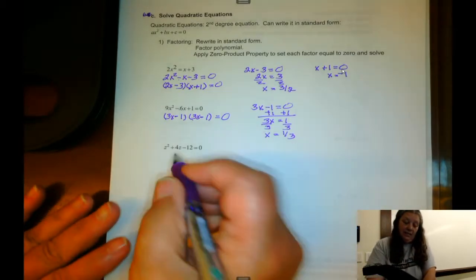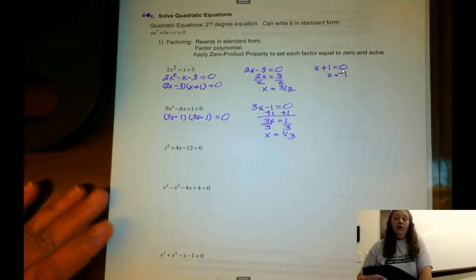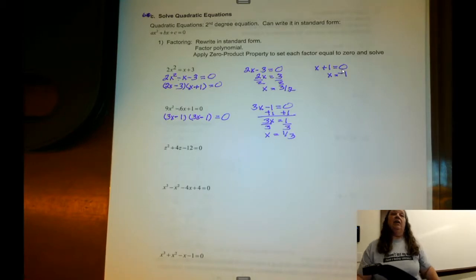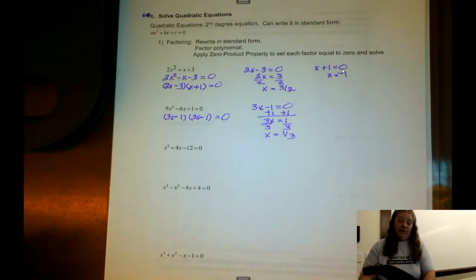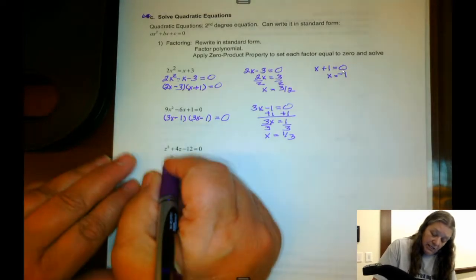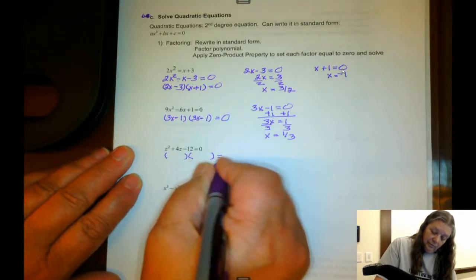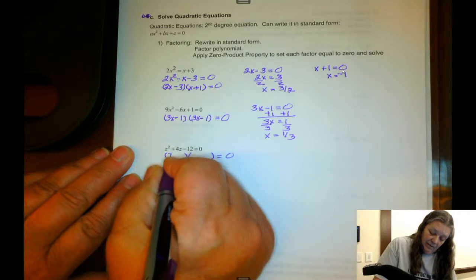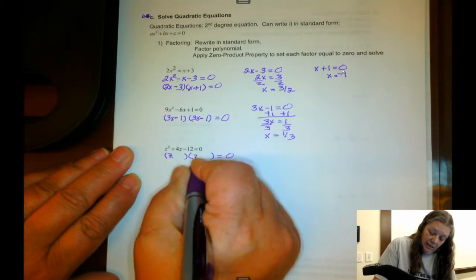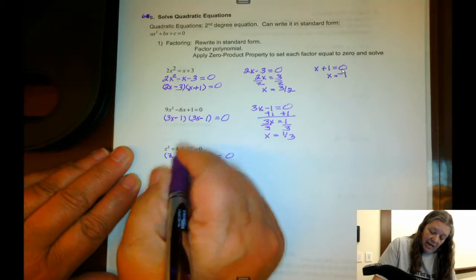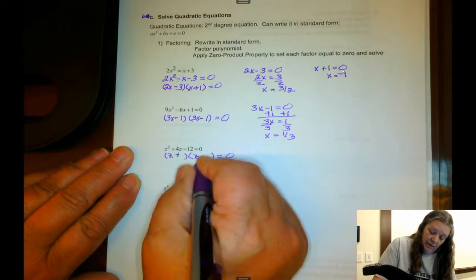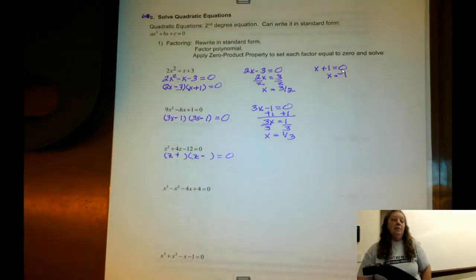Let's factor this next one. Notice we've been using x a lot. We can really use any letter as the variable. So this next one uses z. So we have z and z. Our last sign is negative, which means we have a plus and a minus.